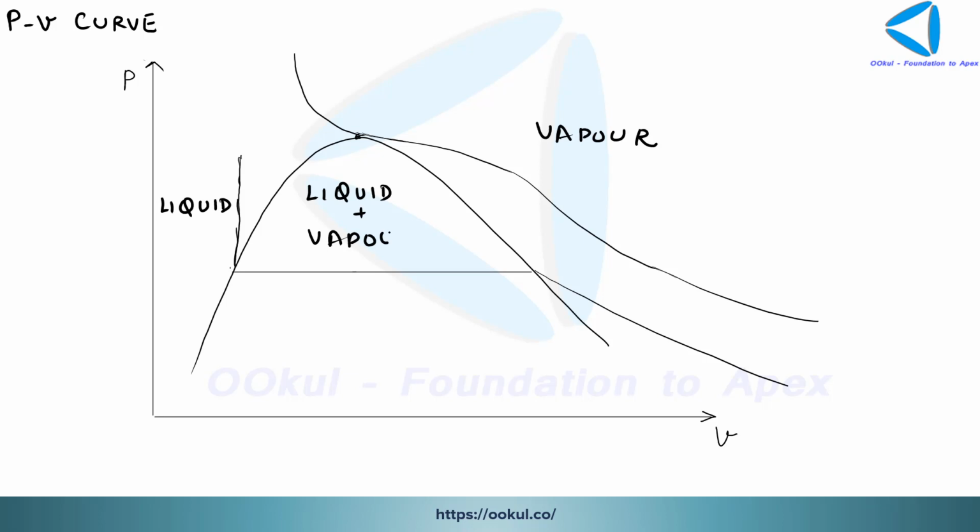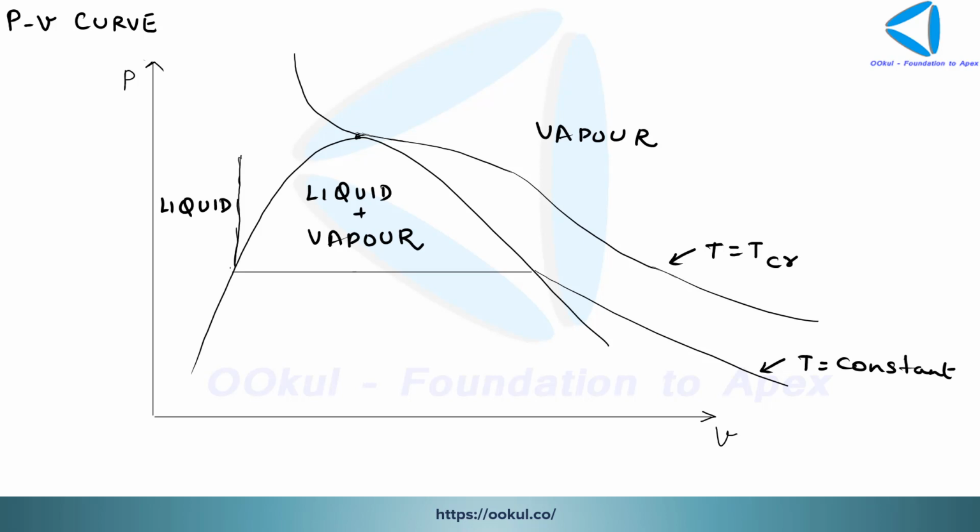So this is a constant temperature curve for any temperature. It comes this way straight and then falls here. And this is the curve at critical temperature. Okay, so this is the PV diagram.